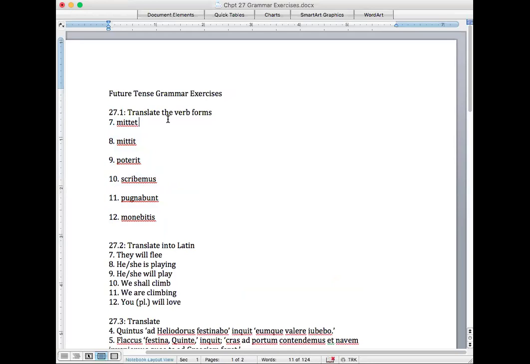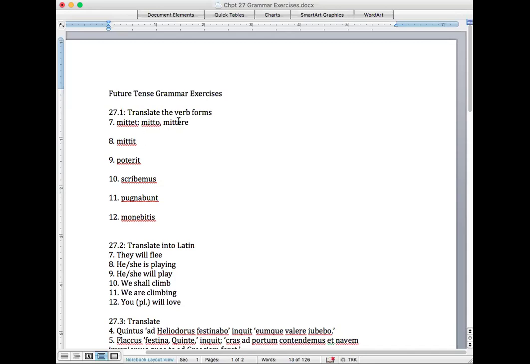So the first thing you need to know is the conjugation of the verb. What's the conjugation number? So these first two are coming from mitto. And if you look up mitto, you can see that it's mitto, mittere, and the third. So that's what we're working with.